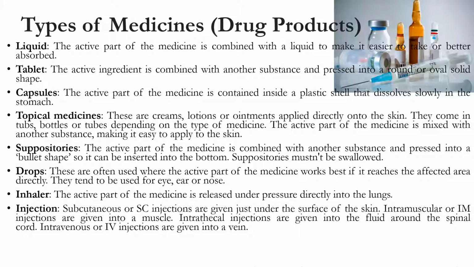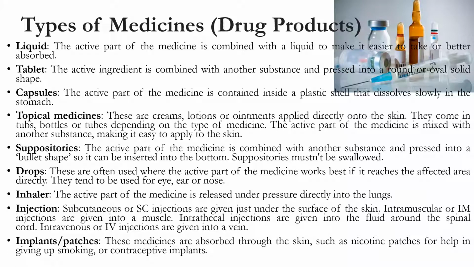Of course they are liquid, but we cannot treat them like other liquids because they are injectable drug products. Here two types of injectables are there: subcutaneous and intramuscular, depending on where it is going to be given, in the muscles, in the veins, etc.